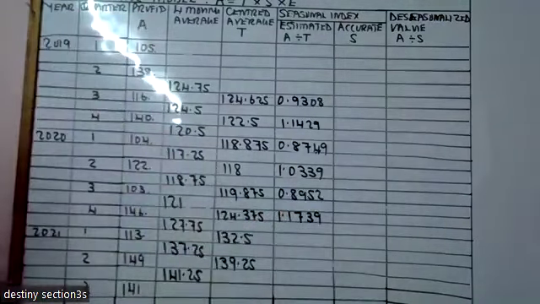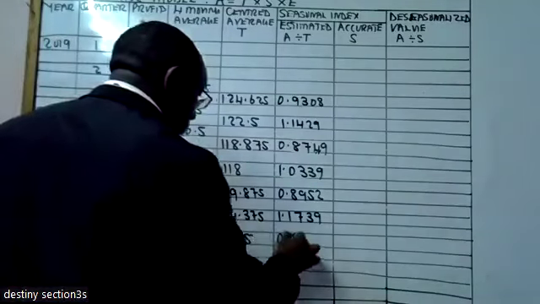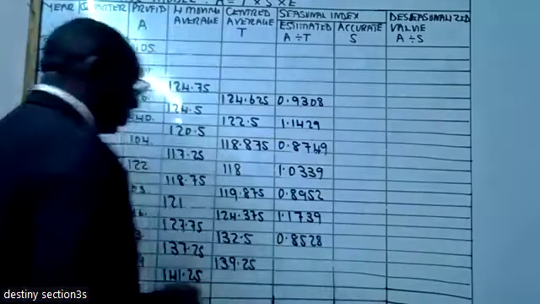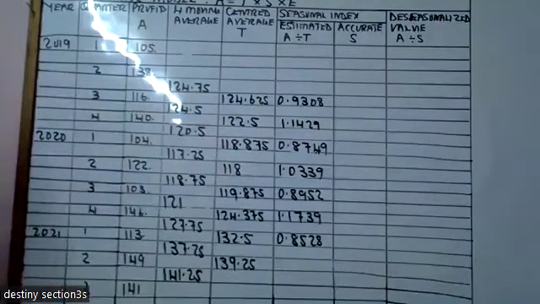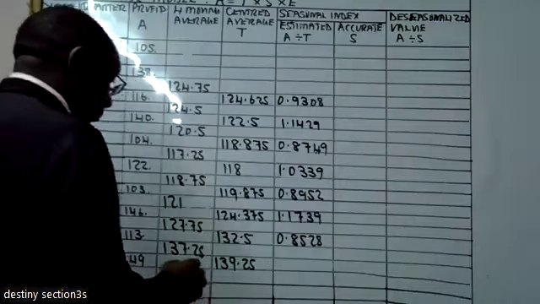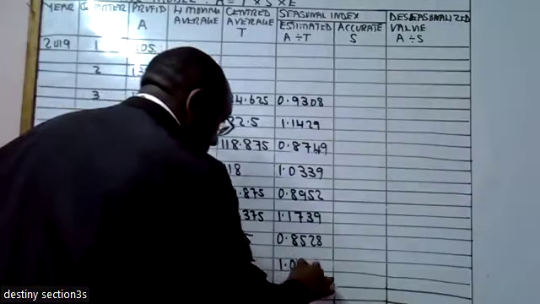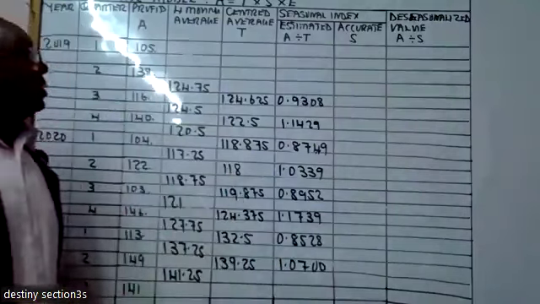The next, 113 divided by 132.5. 0.8528. And the last one, 149 divided by 139.25. 1.0700. Good. So that is how we estimate.